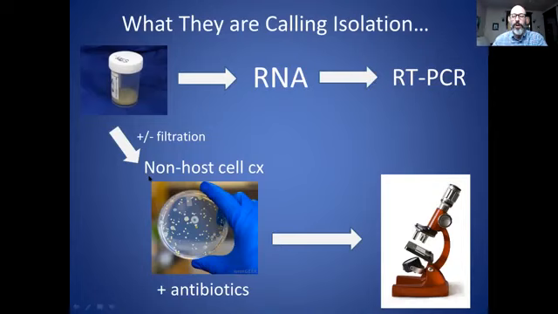So they often buy commercially prepared mammalian cell cultures, like a very common one, Vero cells, which are monkey kidney cells. So they basically mix this with some kind of cell culture, and often they add antibiotics, almost in every case that I've seen where there's detailed methods written up.